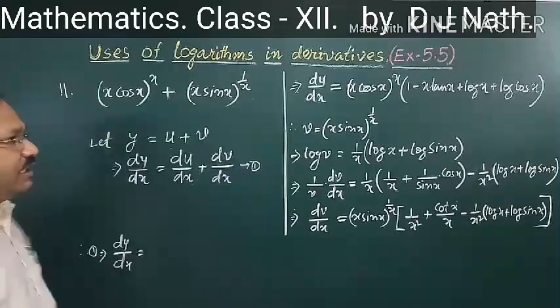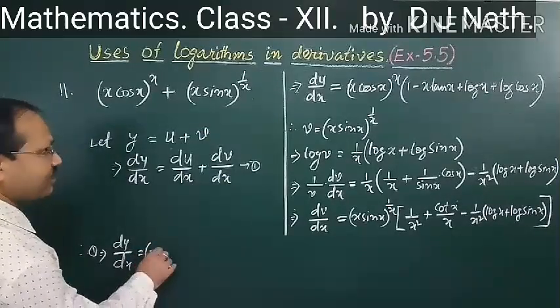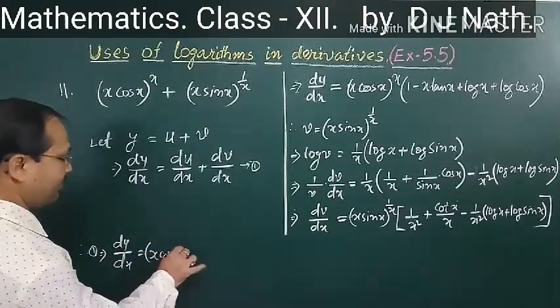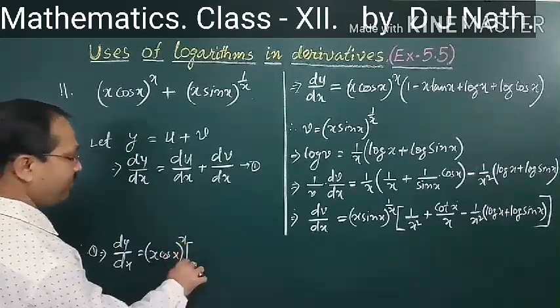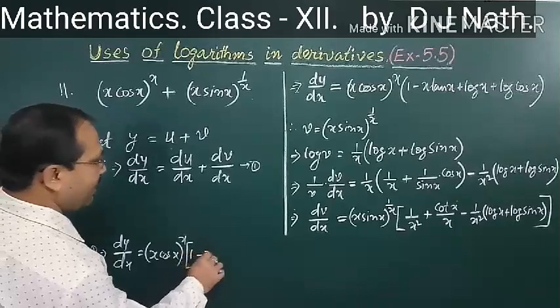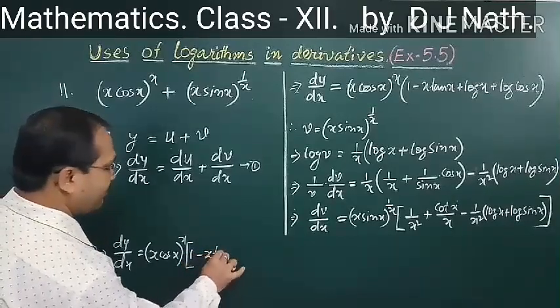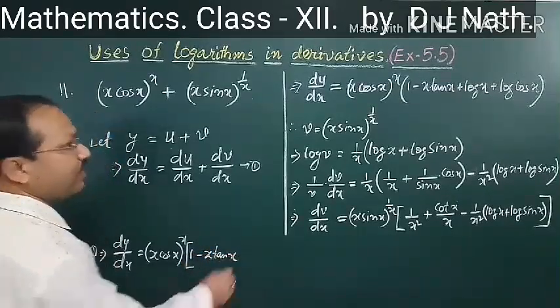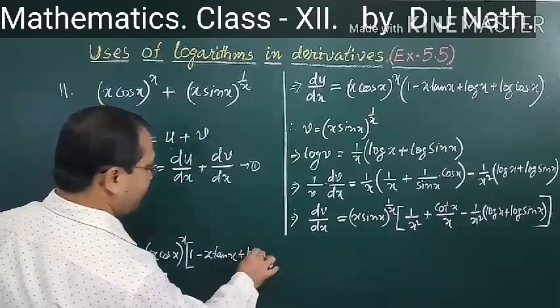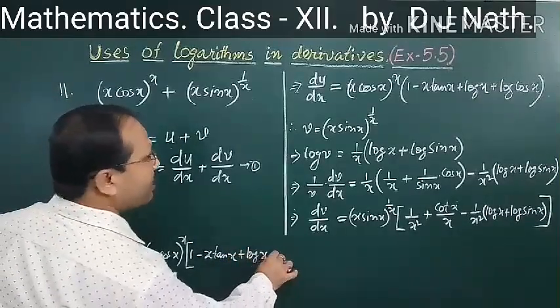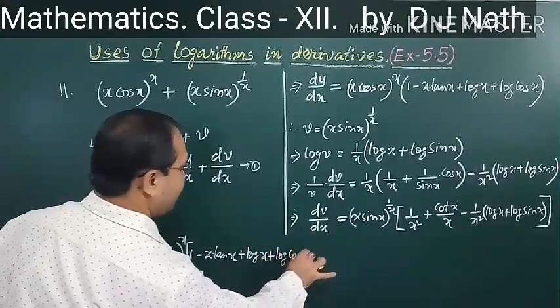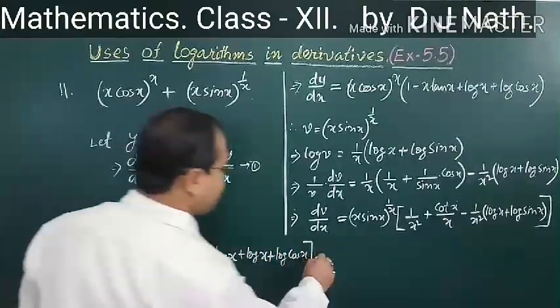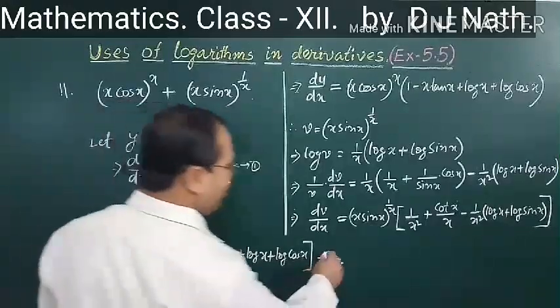So what is that du dx? x cos x to the power x into 1 minus x tan x plus log x plus log cos x. This is du dx.